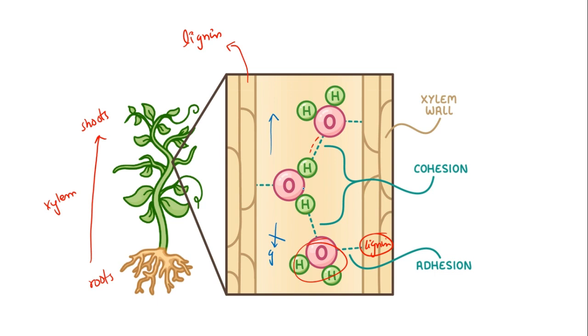So we can say here that water is moving up against gravity, and that is due to a force that is known as transpiration pull. Now, in transpiration pull, both of these two forces play their own role. Now, how is the transpiration pull created?